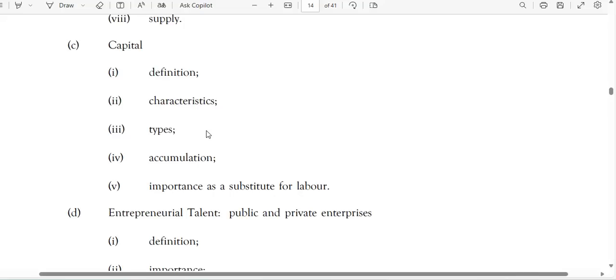Now let us look at capital as a substitute for labor and its importance. Capital can sometimes replace human effort, especially when machines perform repetitive or dangerous tasks. Do you hear them talking about introducing robots in schools, in banks, in the supermarkets to replace human labor?